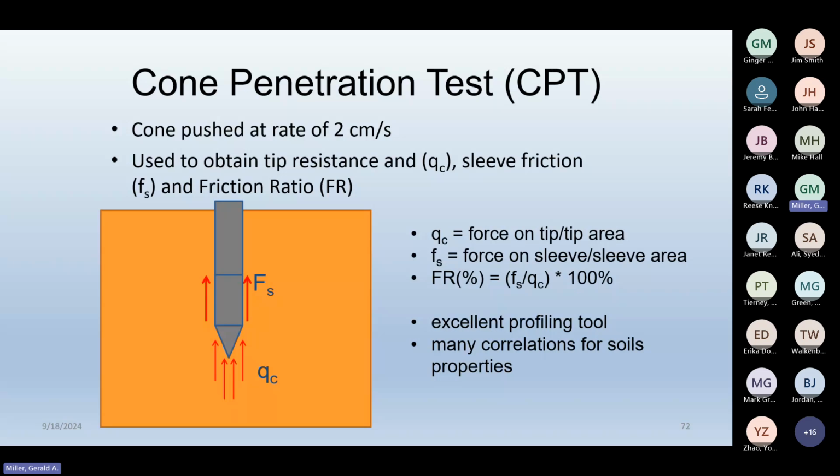You can even directly estimate settlement, things like that. So it's a great tool, but just like the SPT, it's going to be affected by the moisture condition in that unsaturated soil profile. Now you'll notice I have not included the pore water pressure sensor on this particular diagram.